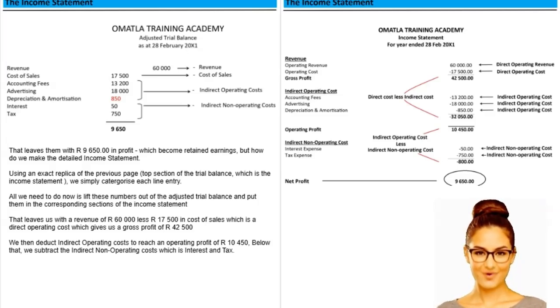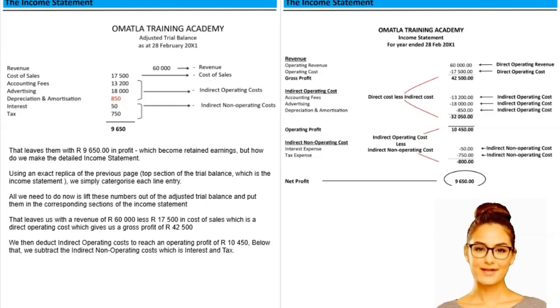We find out that we have revenue of 60,000 rands and 17,500 rands in cost of sales, which is a direct operating cost. The revenue, minus the cost of sales, gives us a gross profit of 42,500 rands. That's a good start. Having properly categorized our indirect operating cost, hopefully you followed the instructions on the category section correctly.